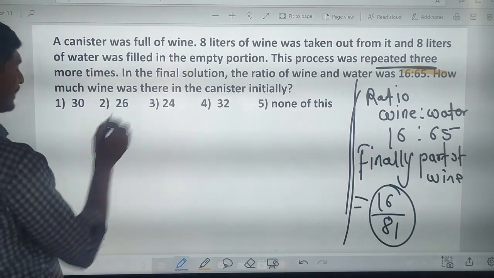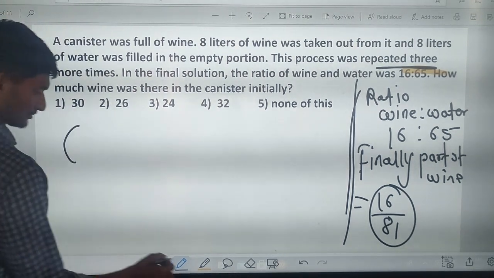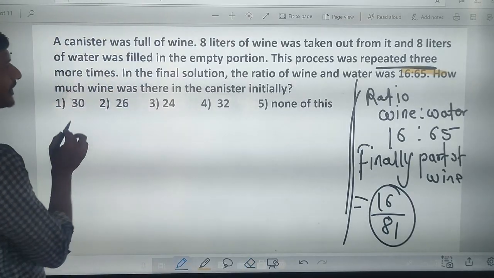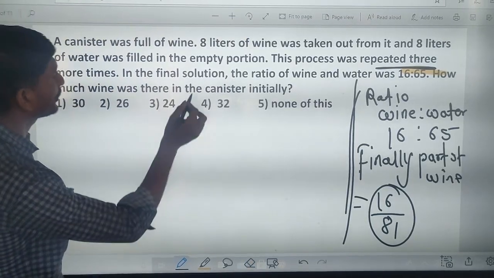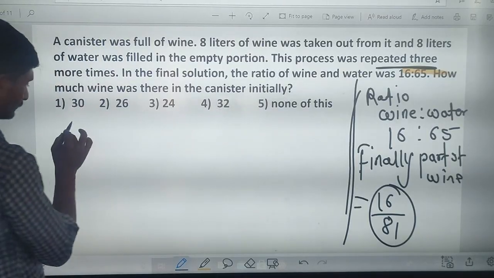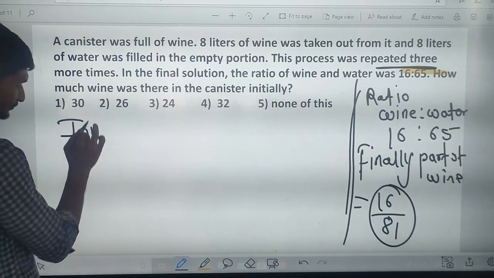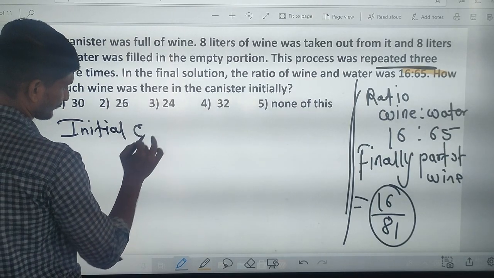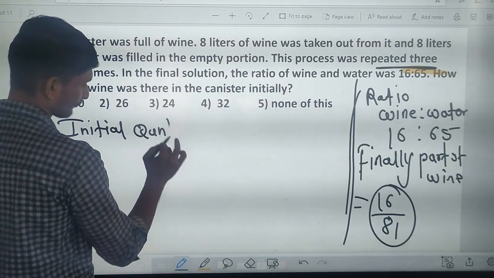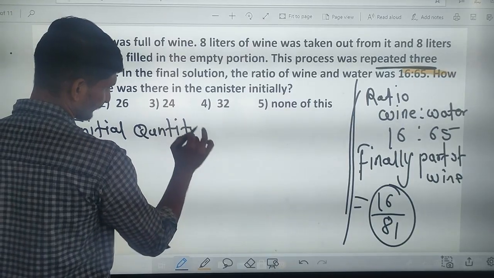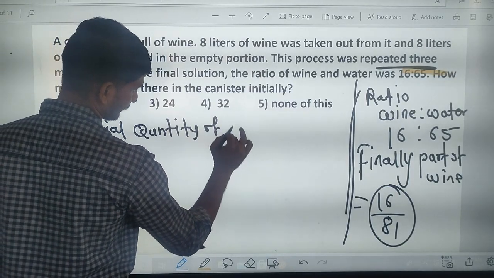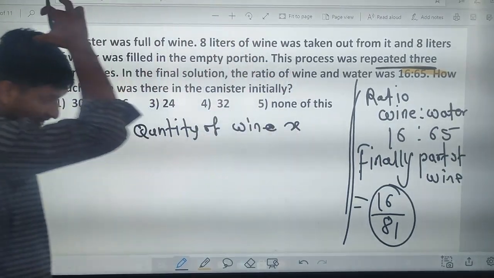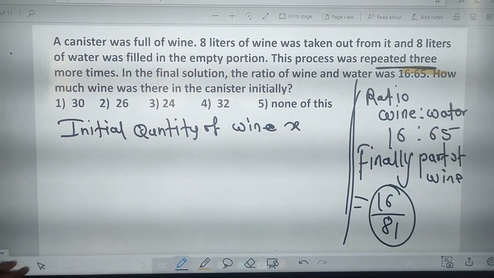Here we will write the initial quantity of wine. The initial quantity of wine is x liters.